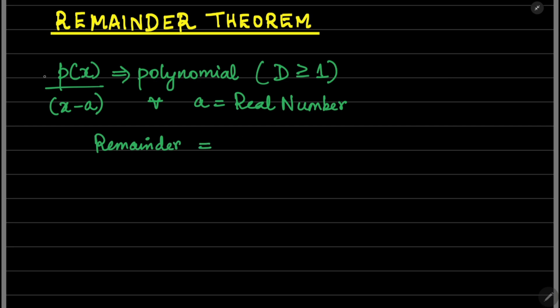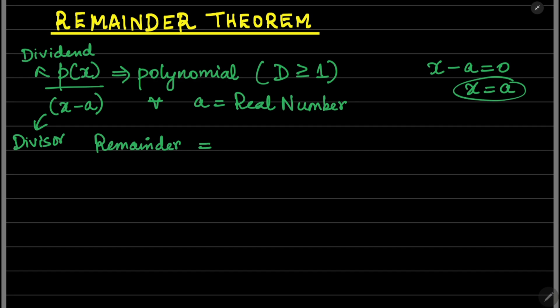You have to equate. So this p of x is your dividend, and this is your divisor. You have to equate your divisor to 0. So x minus a equal to 0, so x is equal to a.